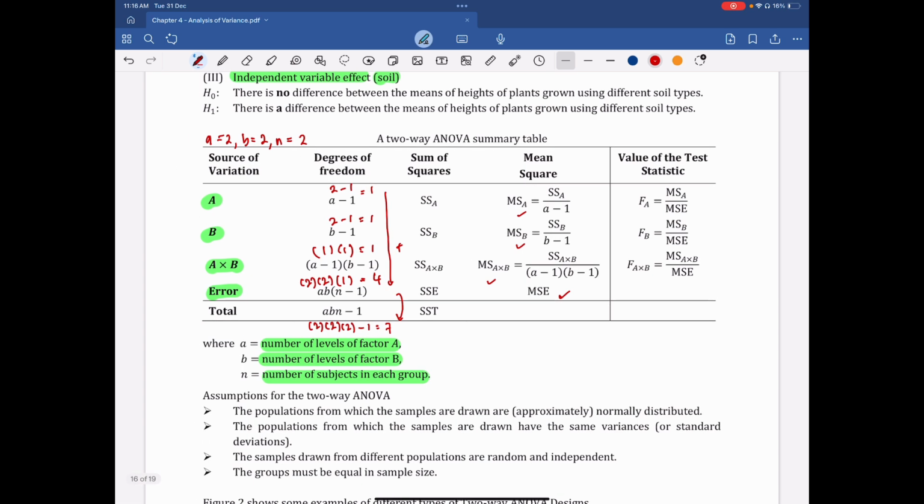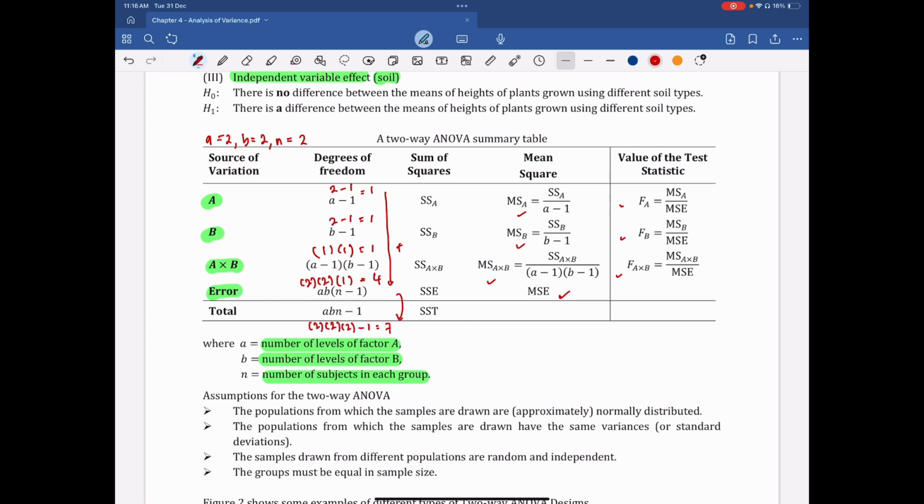And for the test statistic, you have three F values: FA, FB, and F interaction. You have to understand that each of these F statistics must be divided by the MSE.